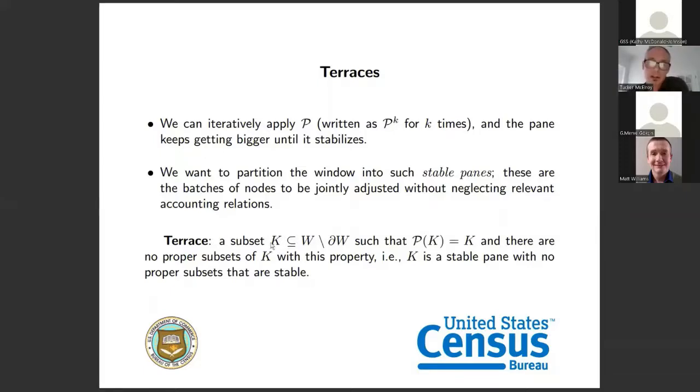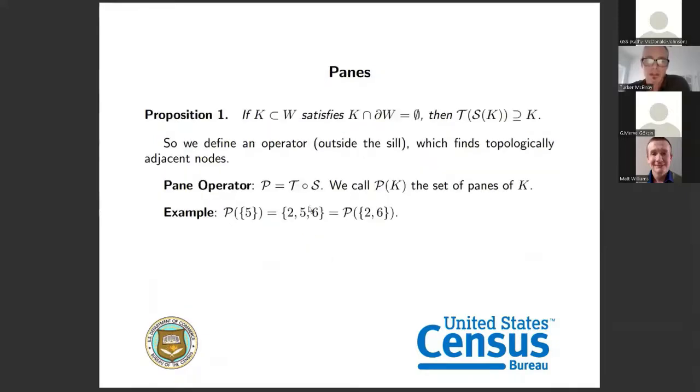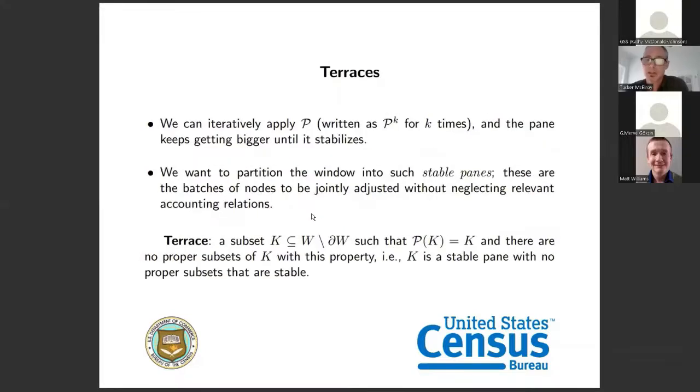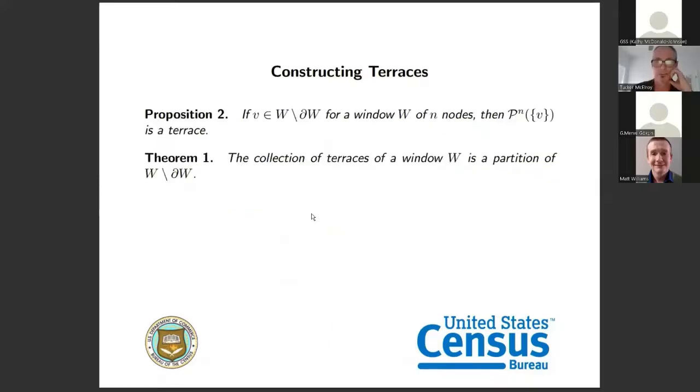So the terrace is based on this idea. We take a stable pane such that there are no proper subsets that are stable panes, so we rule that out. So 2, 5, 6 in the previous case is actually a terrace, and those are variables that we can run an FA algorithm on without fear of running into other accounting relations that we need to worry about.